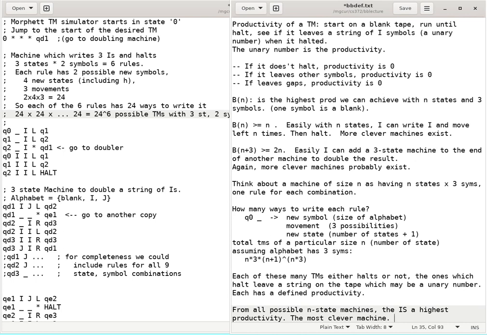All right. There might be several which are equally clever, but there is a highest productivity.